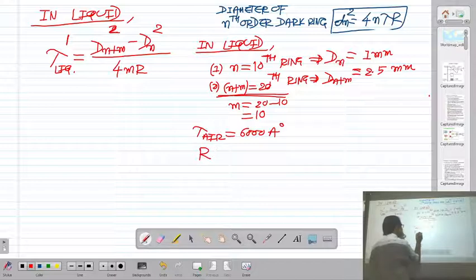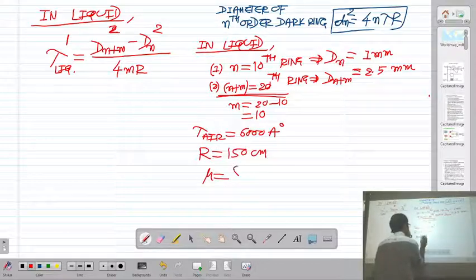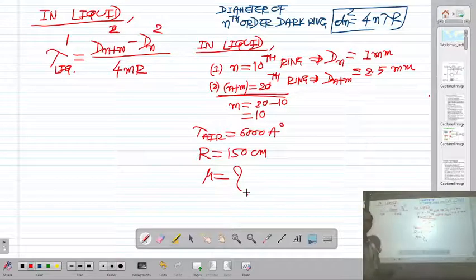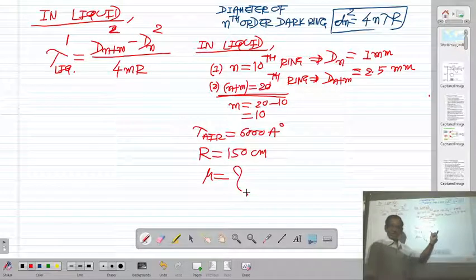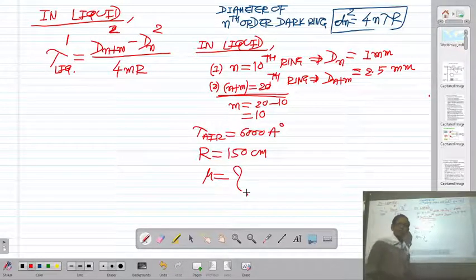You are also given the radius of curvature, 150 centimeter, and you are asked to calculate the refractive index of the liquid.